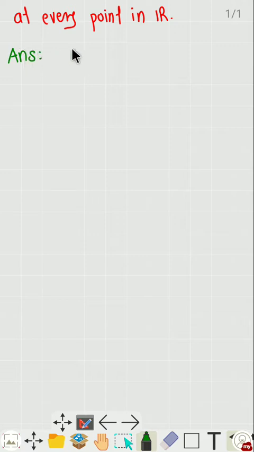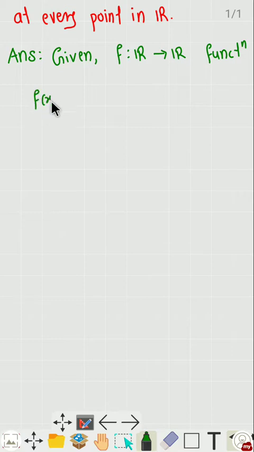First of all we write what is given to you. Given that f from R to R is a function defined as f of x is equal to x raised to the power n, and it is defined for all x belongs to R. And n is any natural number. We have to show that function f is differentiable at every point in R.